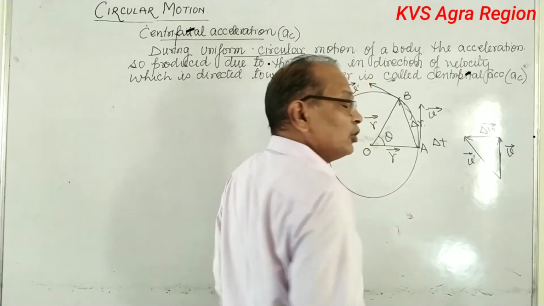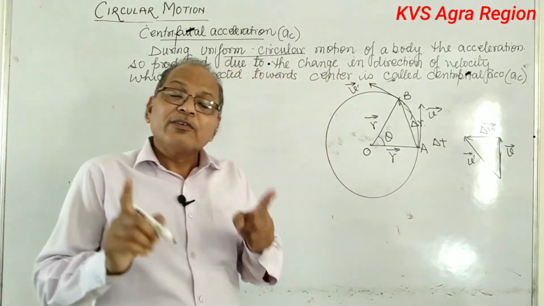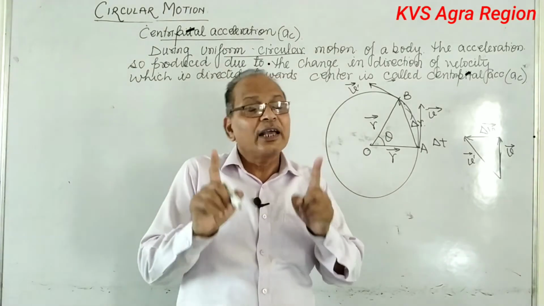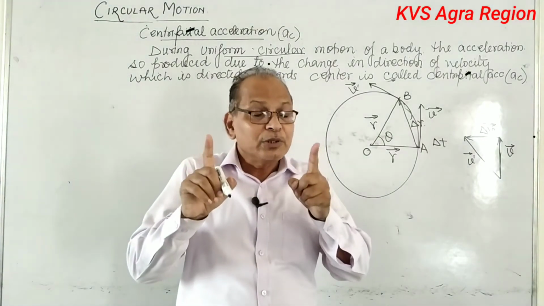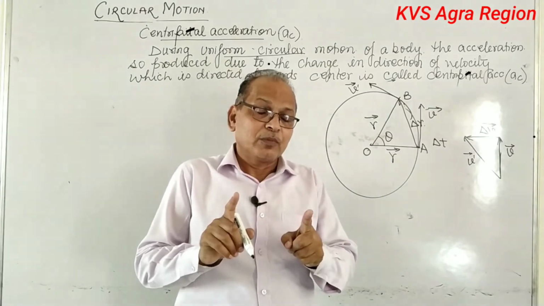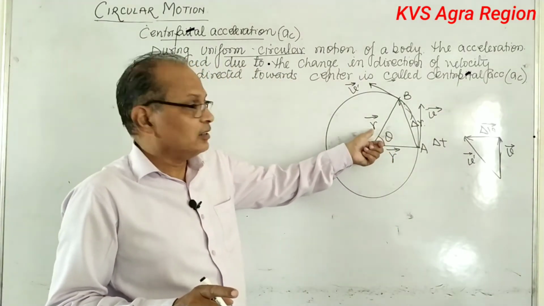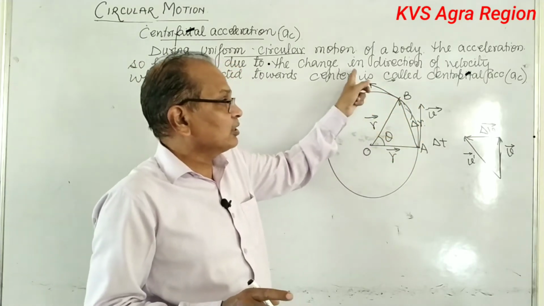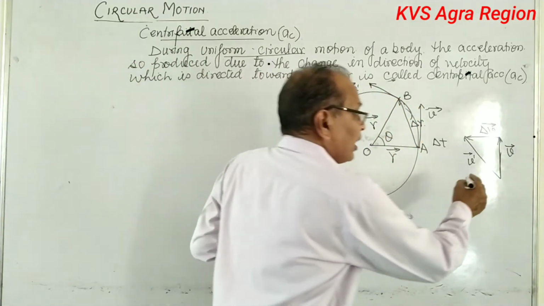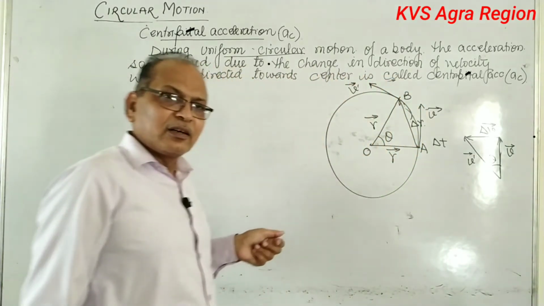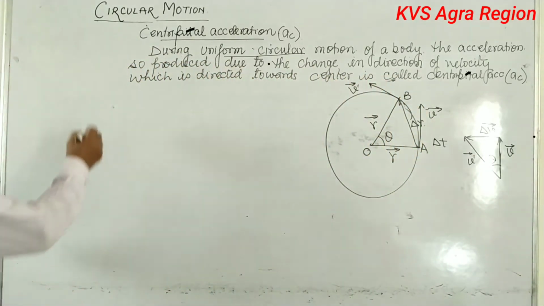You know well that whatever be the angle between two vectors will be the same as the angle between their two perpendiculars. So at present theta is the angle between the two vectors. These are the two perpendiculars, v and v dash. The same angle will be over here. You can explain like this also.